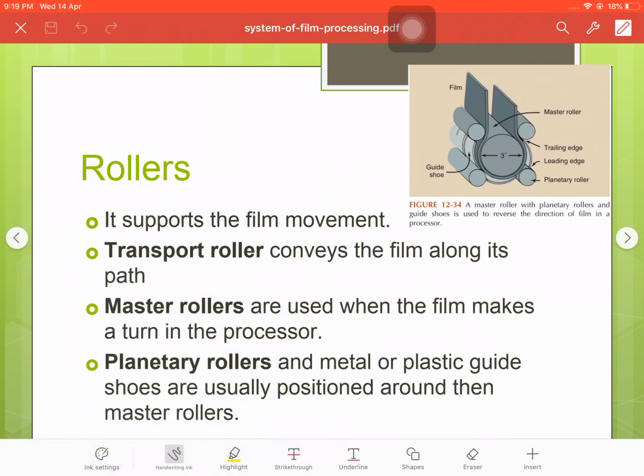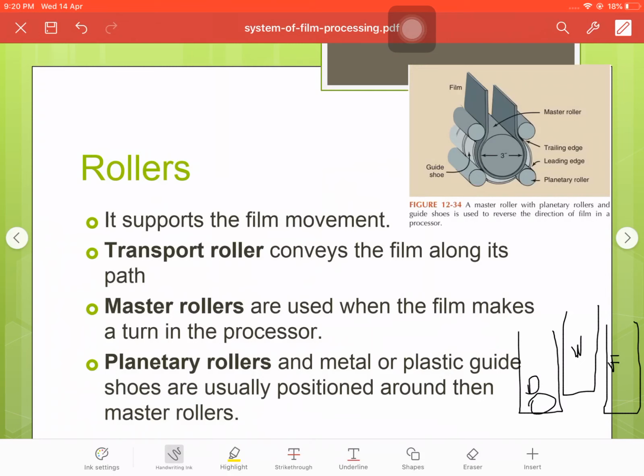Okay. So, for example, we have this developer tank, and then wash tank, and then fixer tank. Developer, wash, and fixer tank inside the automatic processor. So, asan si master roller?